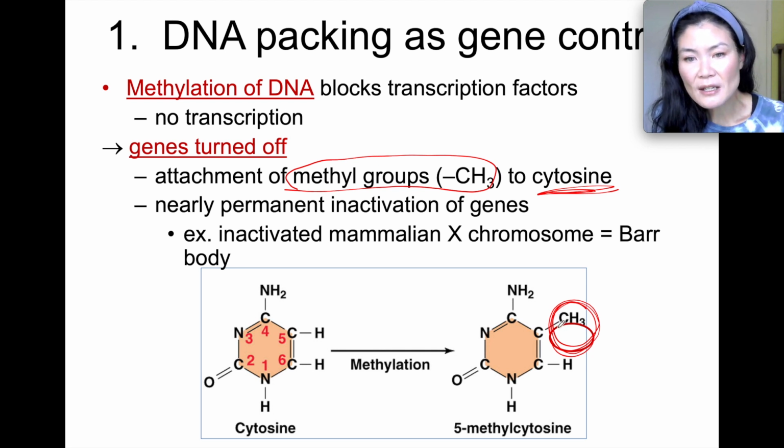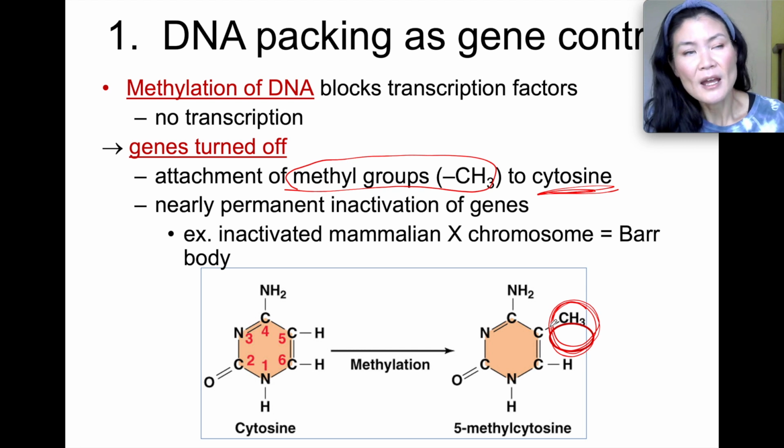So when DNA is methylated, those genes are permanently turned off. Once methylated, those genes are going to be permanently inactivated for the life of that individual or the life of the lineage of those cells, okay? When cells are dividing and you have genes that are methylated, those are going to be permanently turned off, okay?